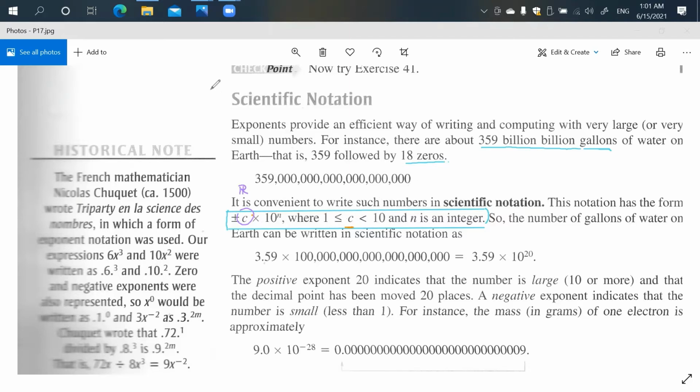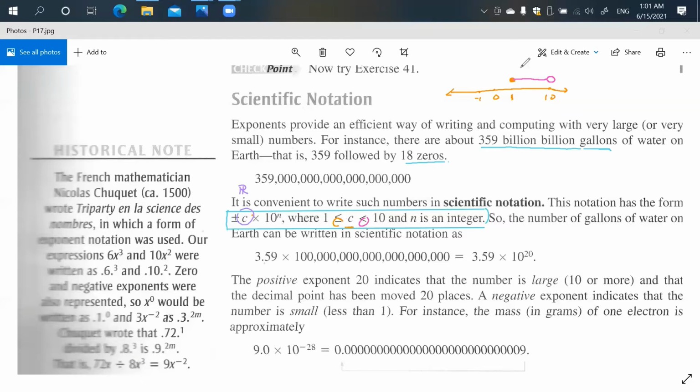If we draw a number line, with 0 here, -1 here, 1 here, and 10 right here, the 1 must be included because there is an equal sign, so we use a darker dot. And 10 has no equal sign, so it has to be open, and then you draw one line.